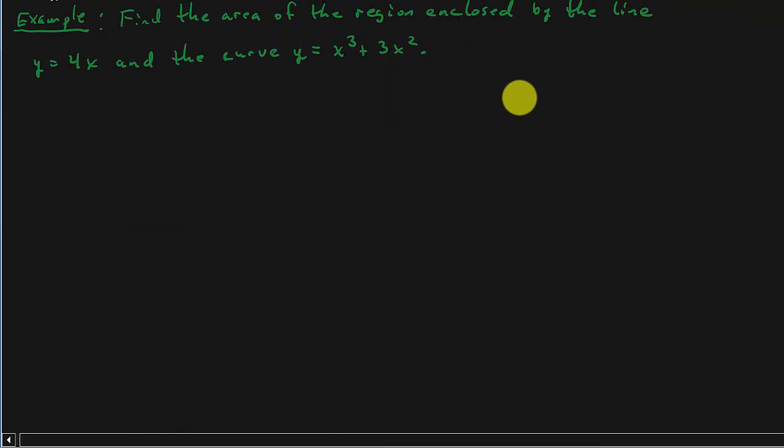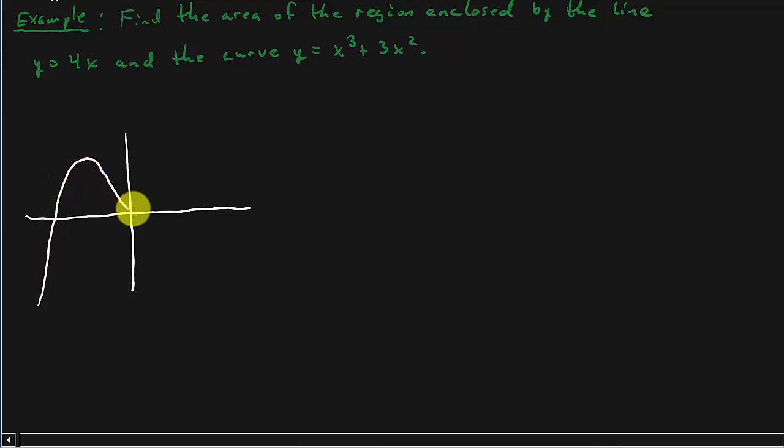All right. So for this example, let's sketch our graphs. We've got y equals 4x, and we've got y equals x cubed plus 3x squared. So let's sketch the graph. It's going to look something like this.